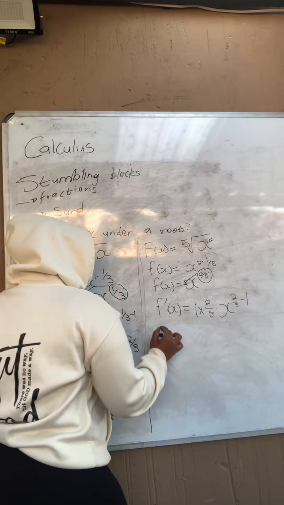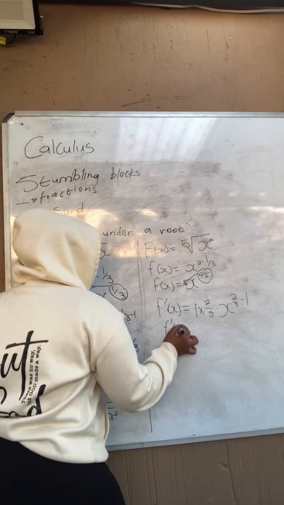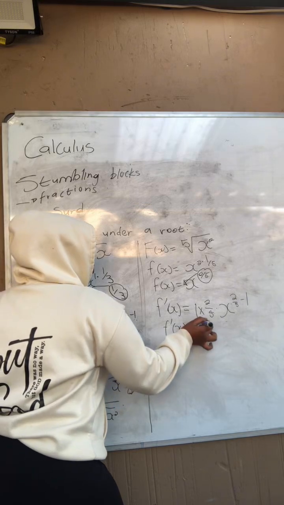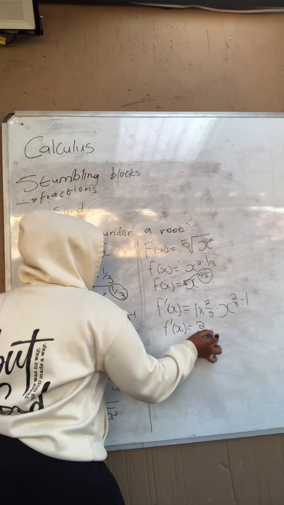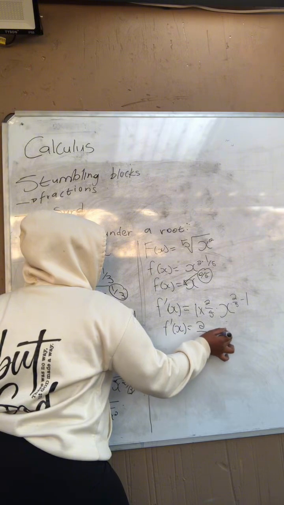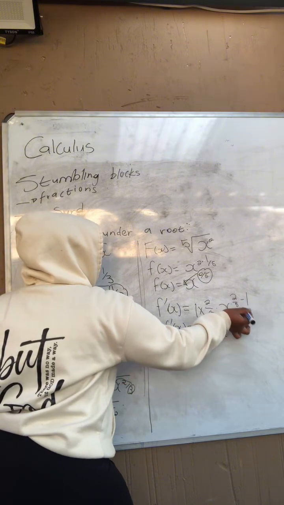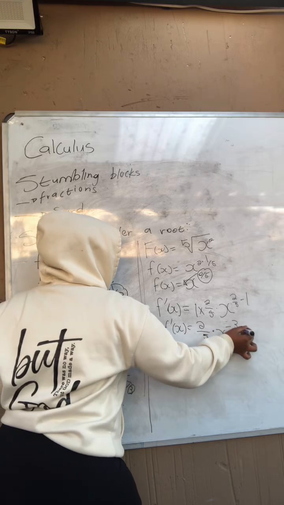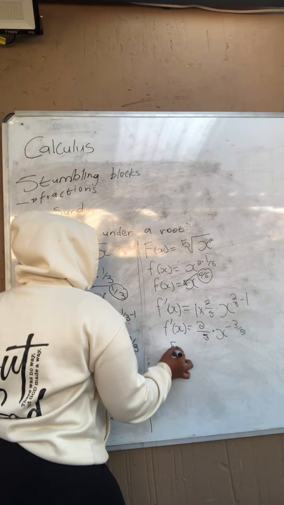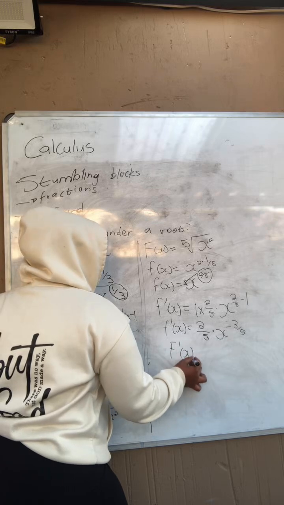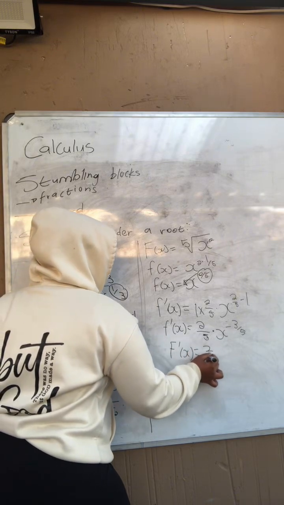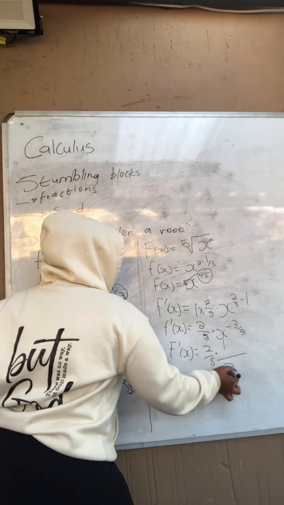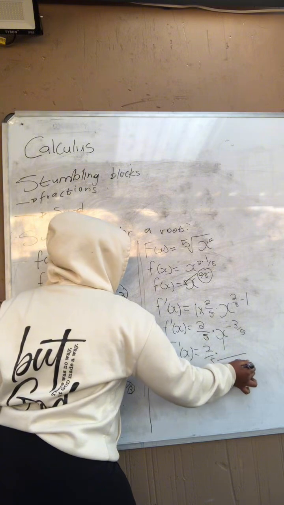F prime of x is equal to 2 over 5 multiplied by x to the power 2 over 5 subtract 1, which is negative 3 over 5, right? So f prime of x is equal to 2 over 5 multiplied by 1 over x to the power 3 over 5, right?